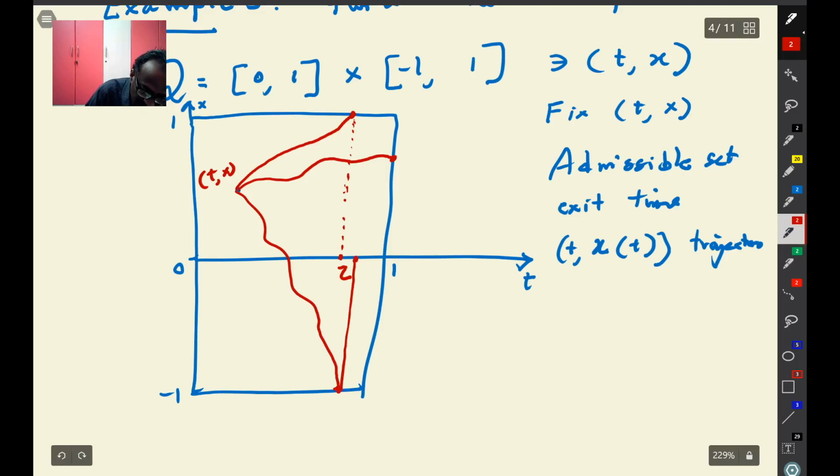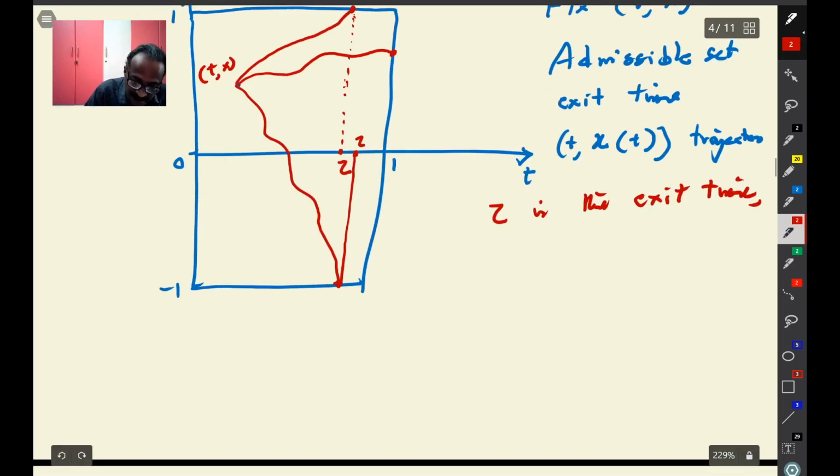Okay. So it's clearly explained in the book. So tau is the exit time, that is the first time the trajectory leaves the domain.